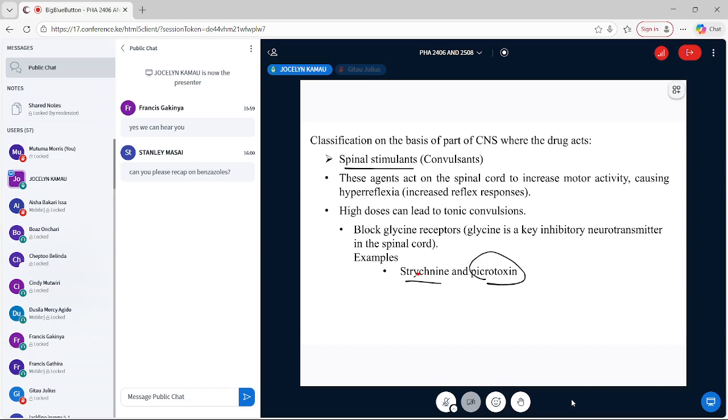So you have indirect acting sympathomimetics. It is because they are not binding the receptors, but they can bring about the release of the neurotransmitters. They can block the reuptake of neurotransmitters.